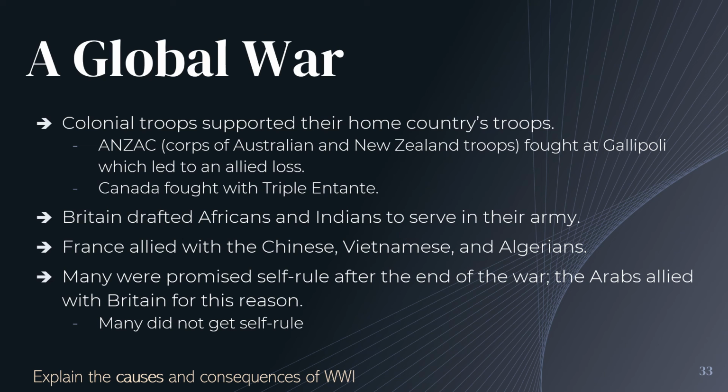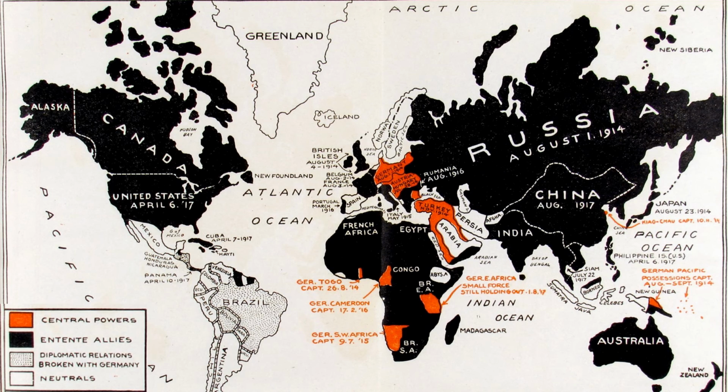So at this point, we've got the world looking a little bit like this. And this is when people get into the war. I love this map because, while it's not a perfect map, it gives you an idea of when different areas are getting involved. China, 1917, Russia, 1914, Romania, Turkey, Arabia, Persia.